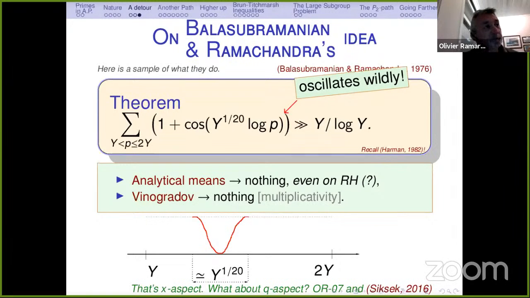You know, there was a beautiful work of Linnik also in the 40s saying that every large enough positive integer is a sum of 7 cubes, I mean, non-negative cubes. And of course, the question was to know what was the largest one that was not a sum of 7 cubes.